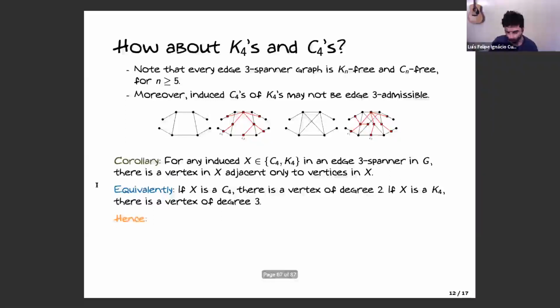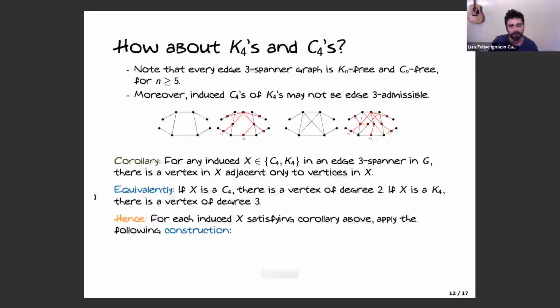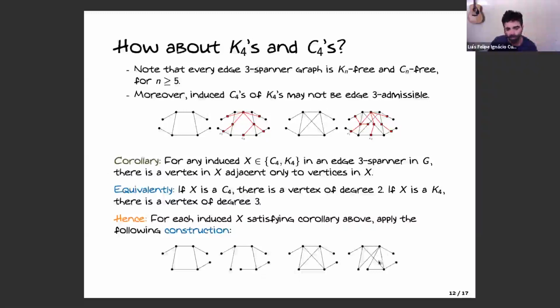And then what we do, we apply a transformation in such a graph for each induced K4 and each induced C4 that satisfies this corollary. We apply this simple transformation here: for each C4, we add a new vertex here, breaking this C4 into a path of length 5 and adding a new vertex here.